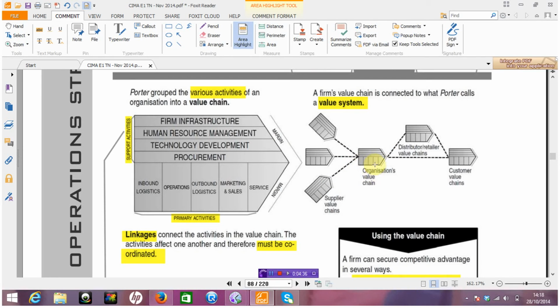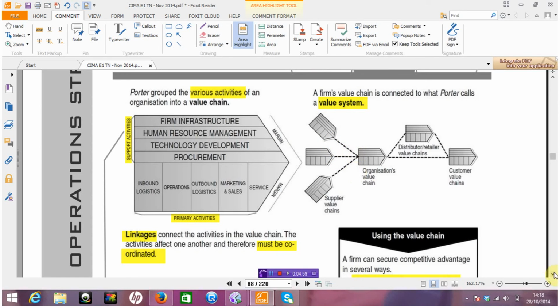And then over and above that, as the organization ships out its product or indeed its service, what you'll see is that there is another value chain added. So the value system really can be seen to be a set of value chains with all their linkages between companies.